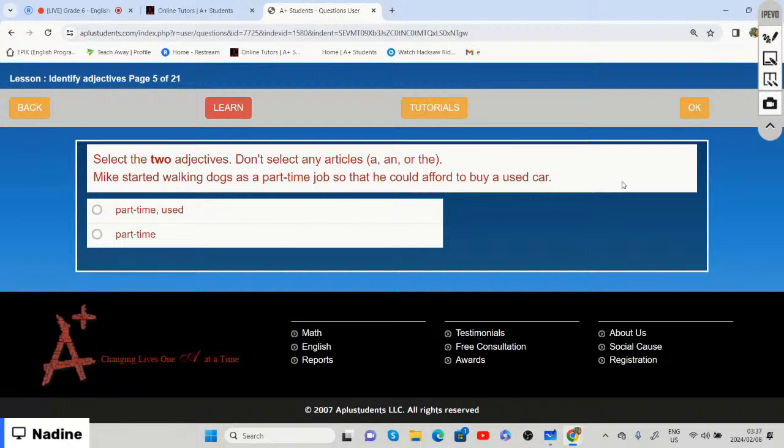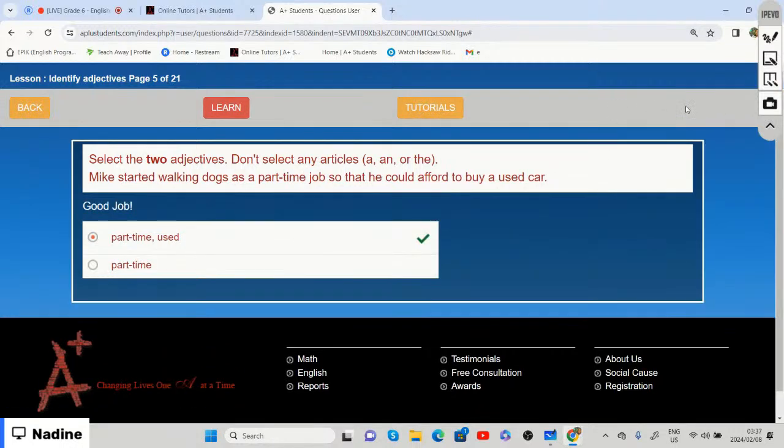So if we select the two adjectives over here, then we'll go with part time and used, meaning that part time describes the job that he has and used describes the car that he has. So part time and used, which is the first option.